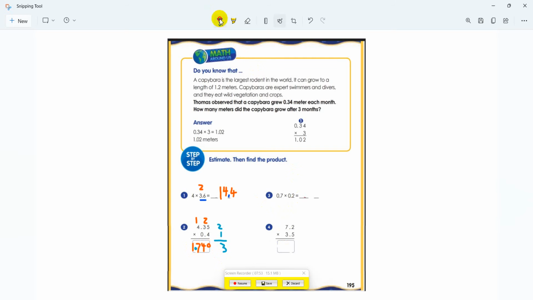Example number 3. 0.7 multiplied by 0.2. It's like multiplying 7 by 2. It's very easy. 7 multiplied by 2 equals 14. So we write 14.